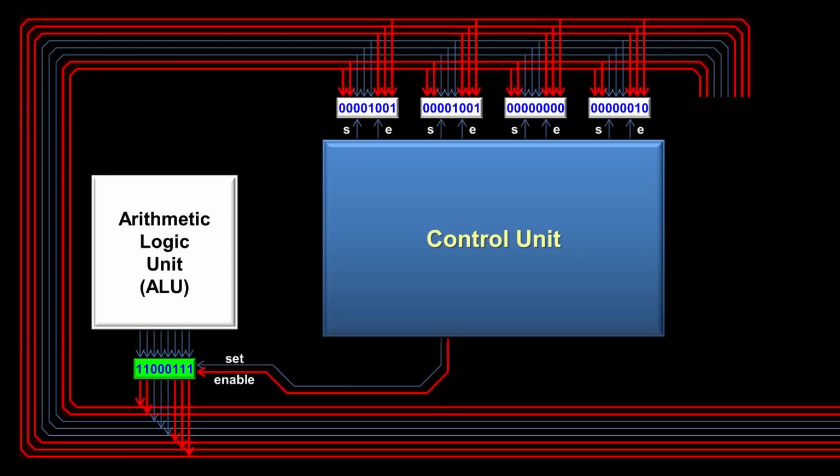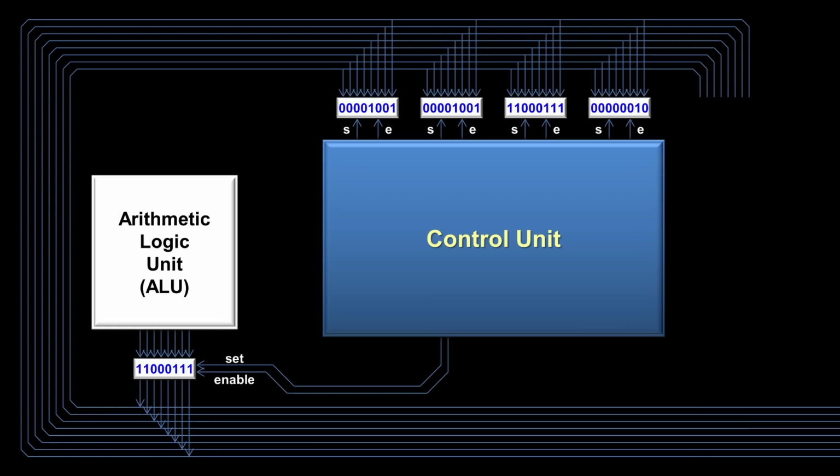So the control unit will then turn on the set wire of the particular register that it wants to save that number to, and that number will be saved in that register. Afterward, the control unit will then turn off the enable wire from the first register and clear the bus. The 4 registers at the top are just used for storing numbers between operations, so they have output wires that go directly back onto the bus.